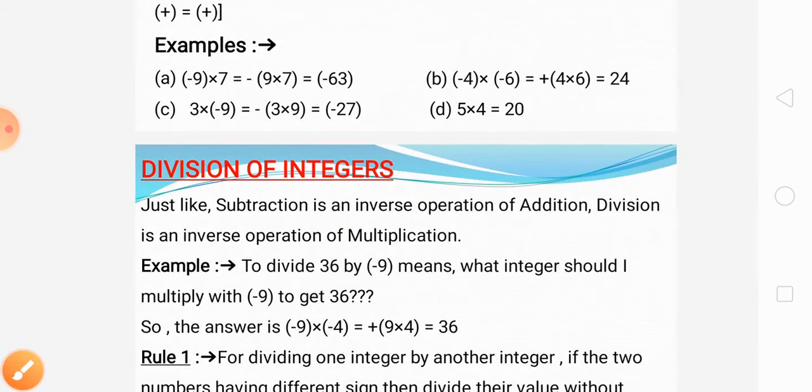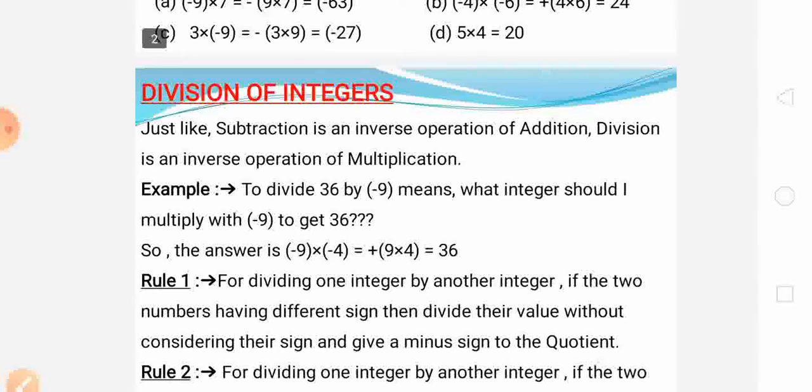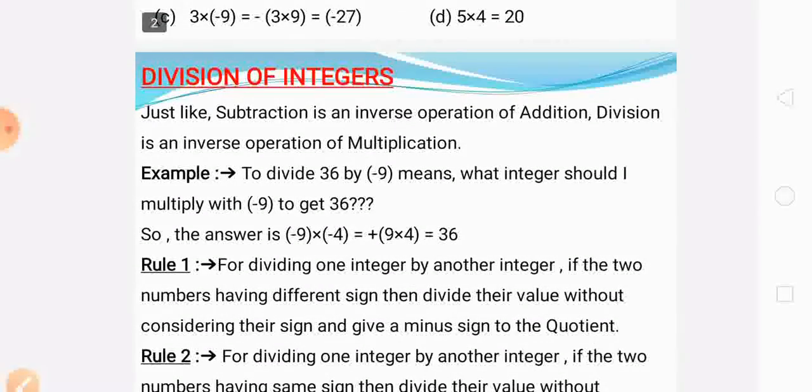Now next comes division of integers. Just like subtraction is an inverse operation of addition, similarly division is an inverse operation of multiplication.